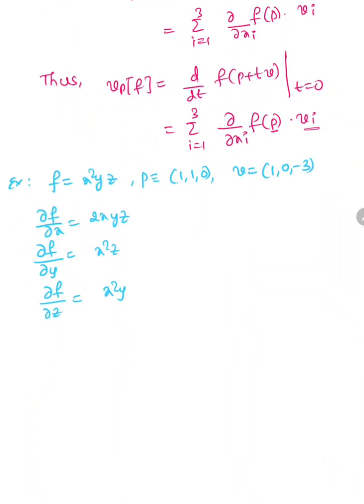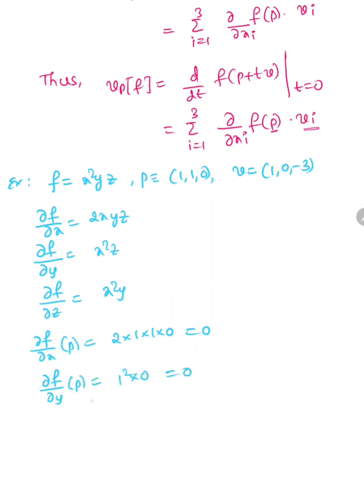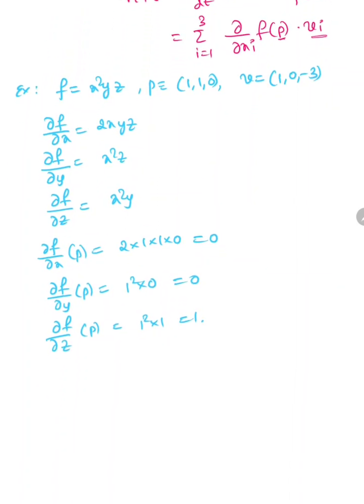Now dou f by dou x at the point P is equal to 2 into 1 into 1 into 0, this is 0. Dou f by dou y at the point P is equal to 1 square into 0, this is 0. Dou f by dou z at the point P is equal to 1 square into 1, this is equal to 1. Now from the theorem, Vp of f is equal to the summation i equal to 1 to 3 of dou f by dou xi at the point P multiplied by vi.